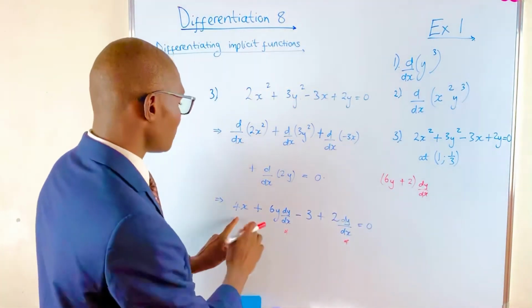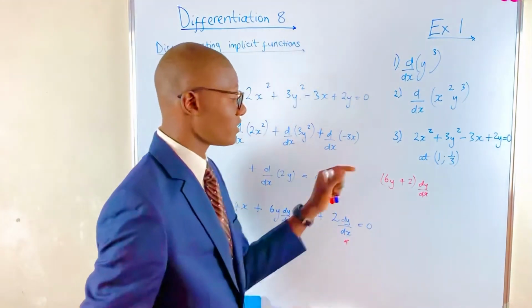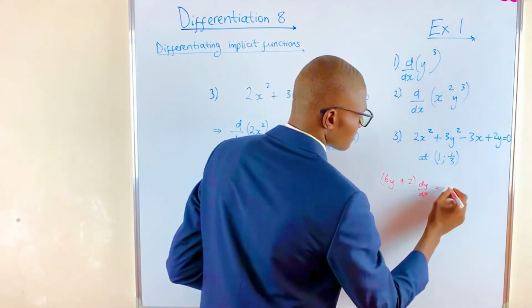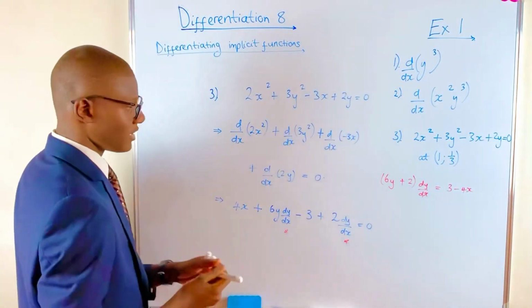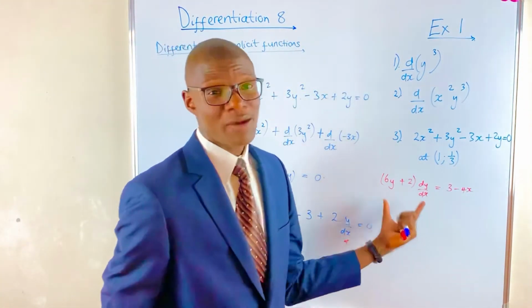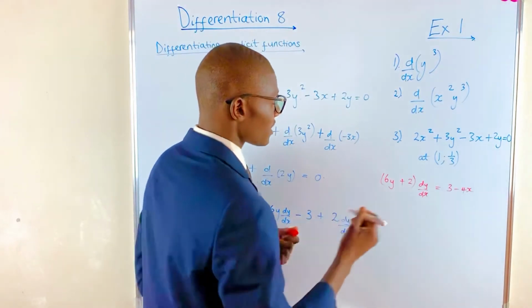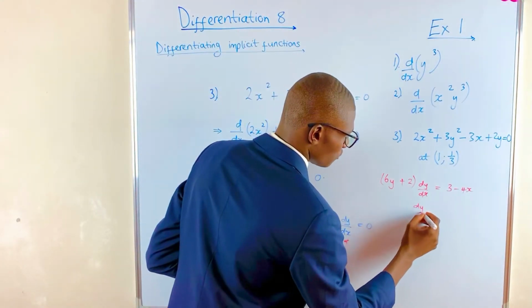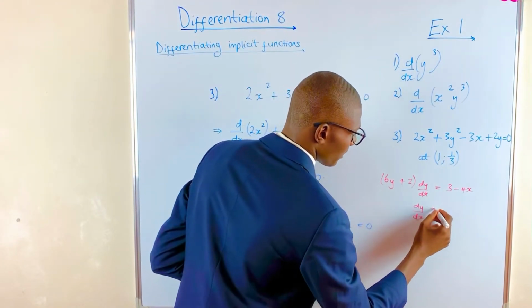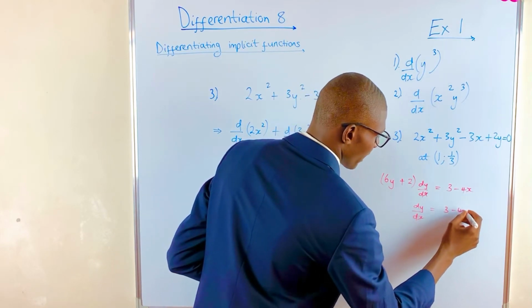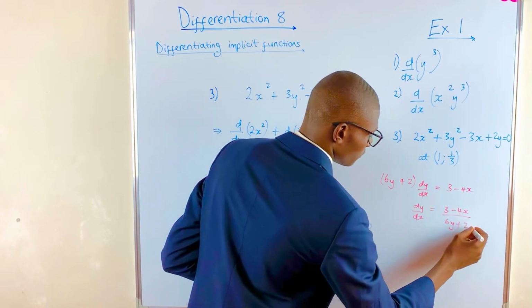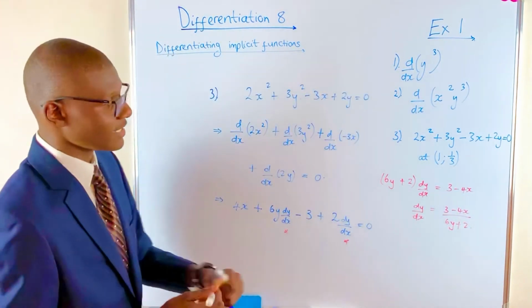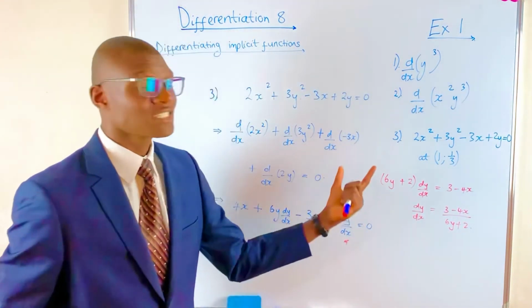And now if we take 4x minus 3 to the other side, it becomes 3 minus 4x. So to find dy by dx, we shall divide both sides by 6y plus 2. dy by dx will be 3 minus 4x over 6y plus 2. So now this is the gradient function of that curve.